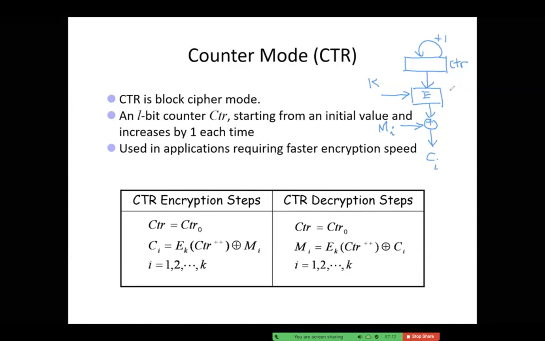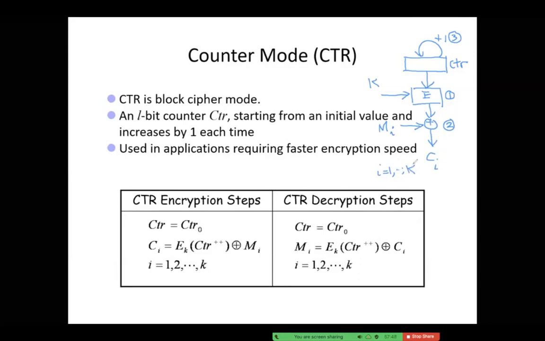So this goes first, this goes second. After this is done, I'm going to increase this value. That's 3. So this is i from 1 to K.